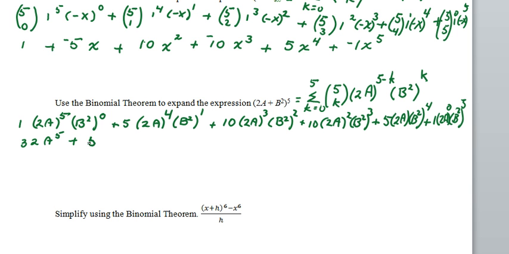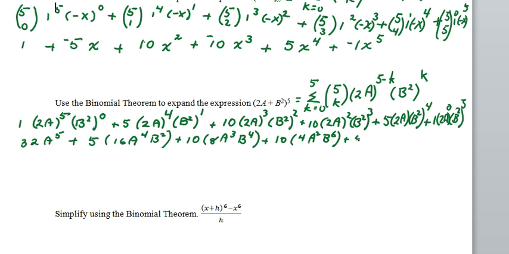Plus 5 times 16a to the 4th b squared, plus 10 times 8a cubed b to the 4th, plus 10 times 4a squared b to the 6th, plus 5 times 2ab to the 8th, plus b to the 10th.